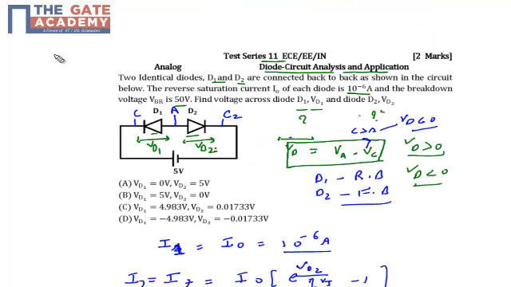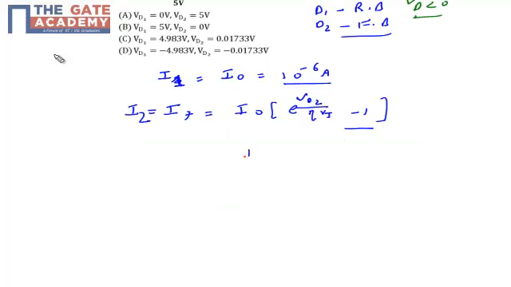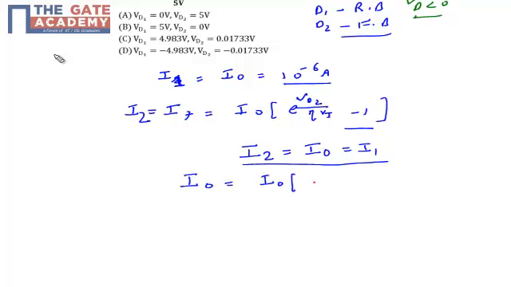But here D1 and D2 are connected in series, and we know that the current always remains the same in a series circuit. It means that I2 must be equal to I0, or I1. The current across diode 1 must be equal to the current across diode 2. So I0 is equal to I0 times e raised to the power VD2 by eta Vt minus 1.